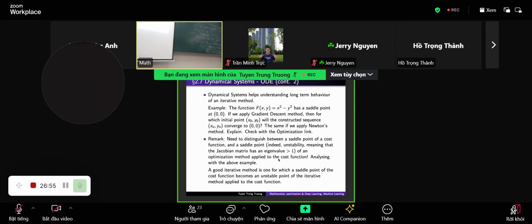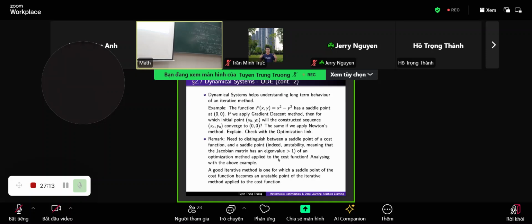And what we will do with this dynamical system is that if we have a saddle point of a function, we want a method for which that point becomes mostly repelling.